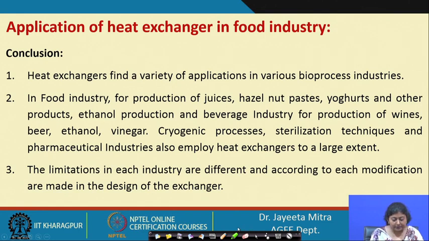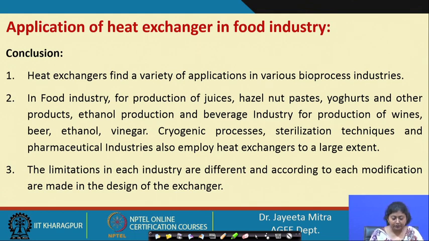And the limitations in each industry are different, and according to those, modifications are made in the design of the exchanger. For example, when you need a very large surface area but the volume is very small, one thing we can do, if phase change is involved, is design a multiple pass shell and tube heat exchanger to increase the surface area.